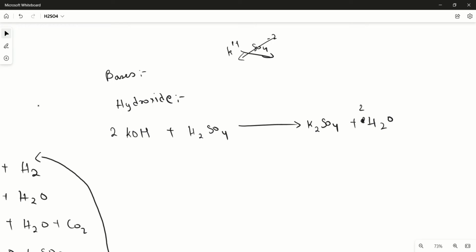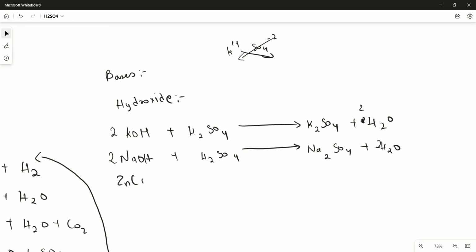Let's take another hydroxide, sodium hydroxide, plus H2SO4. Usually with bases, it'll be Na2SO4 plus H2O. To balance it, we just put 2 here and 2 here. Let's take two more examples.